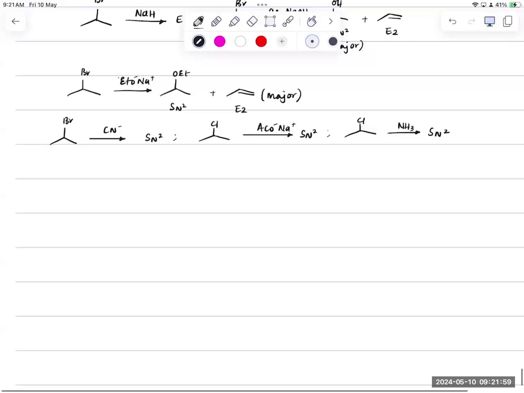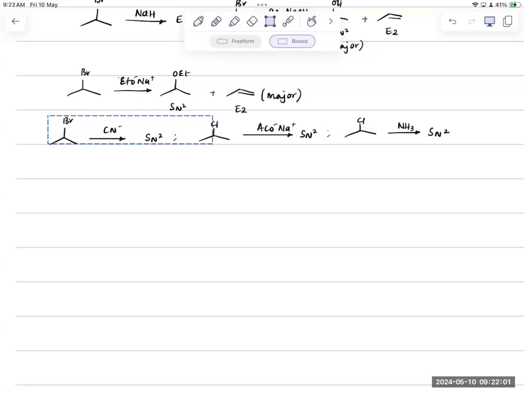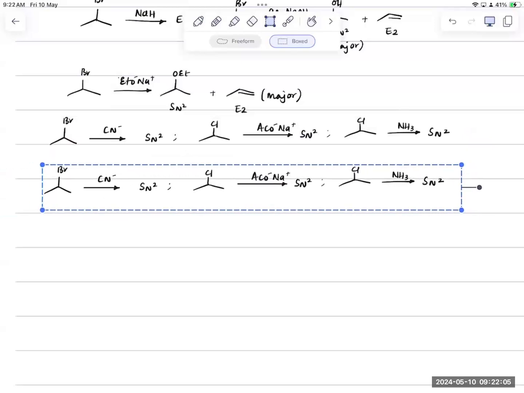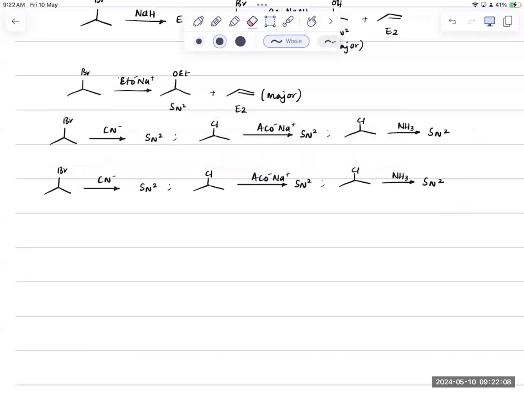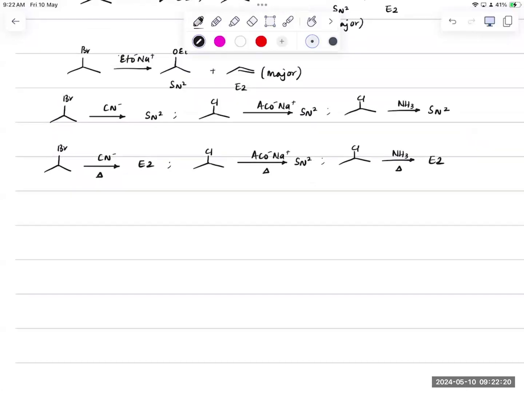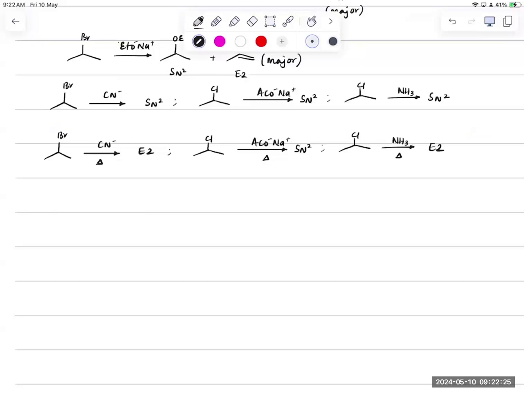Clear? And if the same reactions, if I give you in terms of heat, same reactions, but this time with heat, delta, delta, and delta. Okay. Now these two will be changed to E2, but acetate usually have major product as SN2 only. It will hardly be used as base.